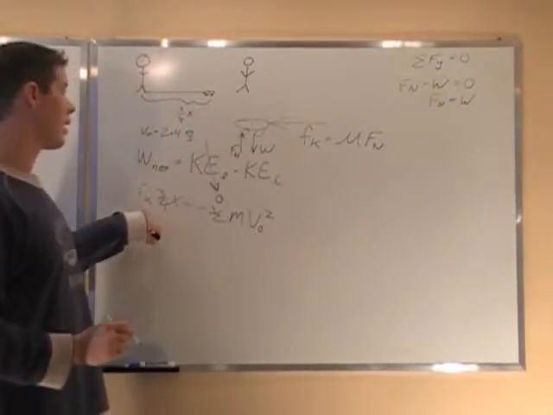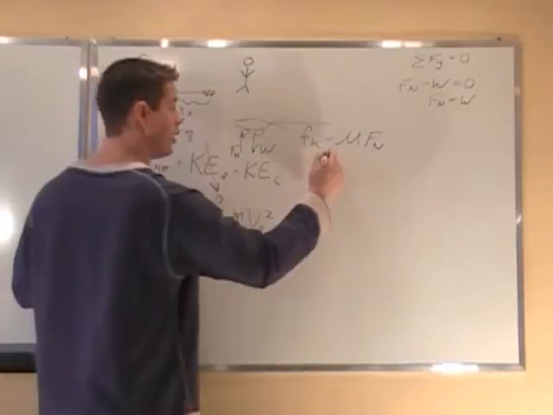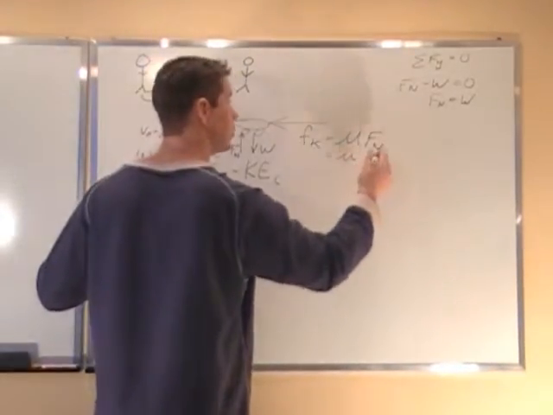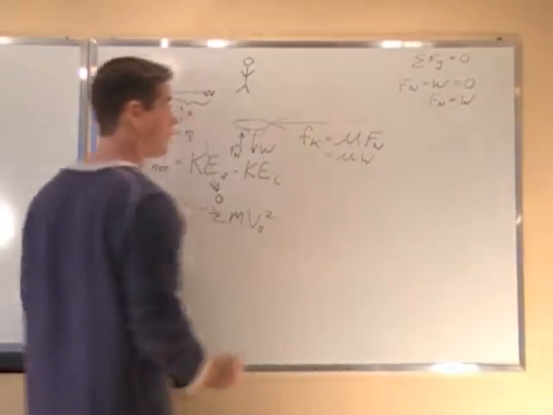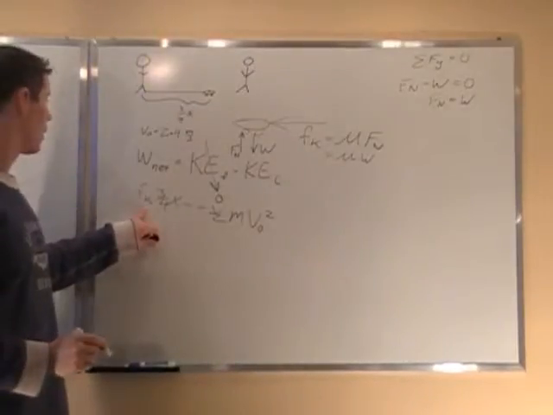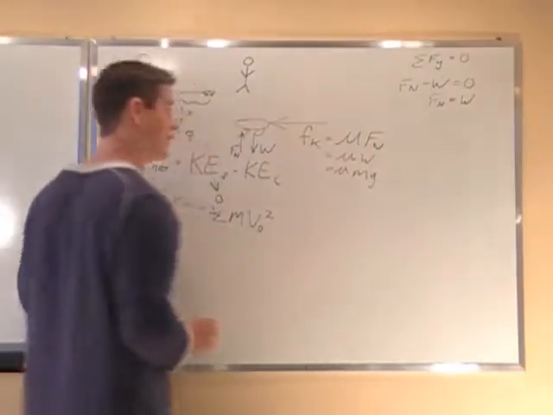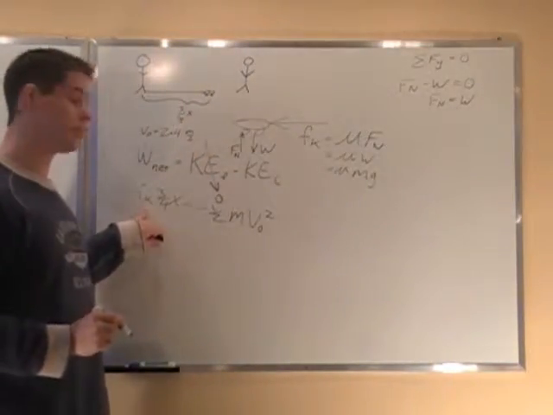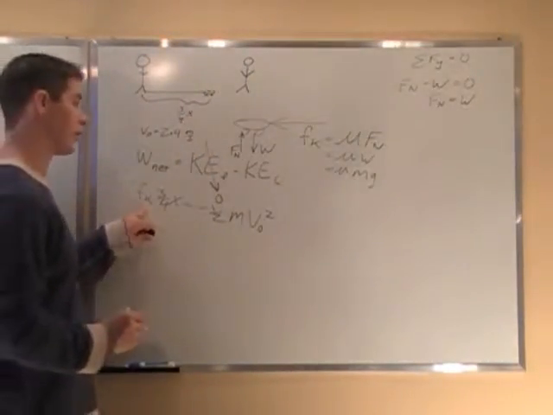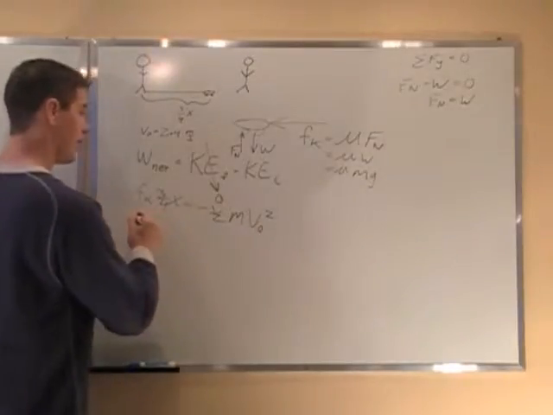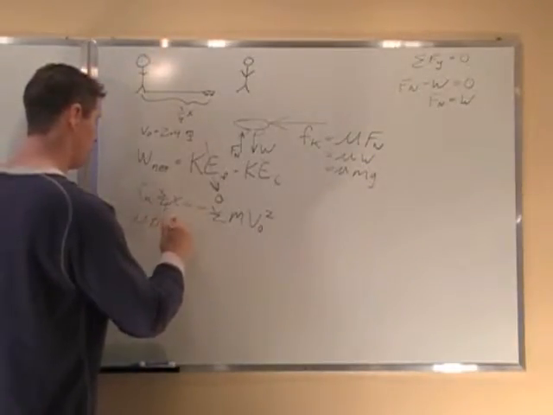So for Fk, I'm going to plug in mu Fn, which is mu W. So Fk is mu times W. W is just mg, the mass times the gravitational constant. So Fk is mu mg.